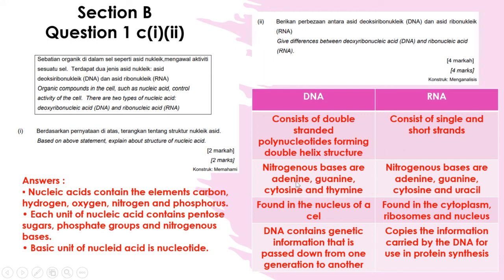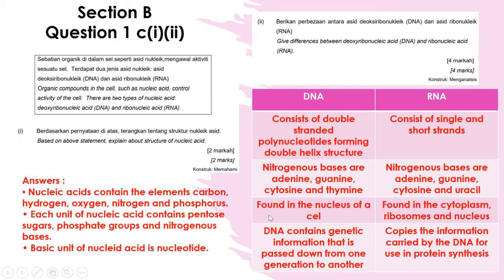Next we go to the nitrogenous bases. The nitrogenous bases for the DNA are adenine, guanine, cytosine, and thymine. Whereas for the RNA, the nitrogenous bases are adenine, guanine, cytosine, and uracil. Uracil is a nitrogenous base only for RNA.